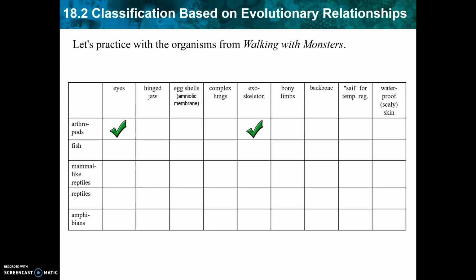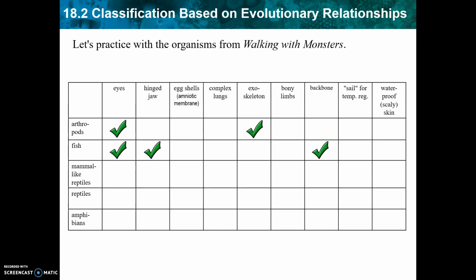So next we're going to look at fish. Fish had eyes and a hinged jaw, a backbone, and when we're talking about waterproof or scaly skin, we're actually not talking about fish scales. We're talking about a reptile skin that feels scaly, but it's not made out of little flakes of bone like a fish scale is. So that's going to complete our fish row.